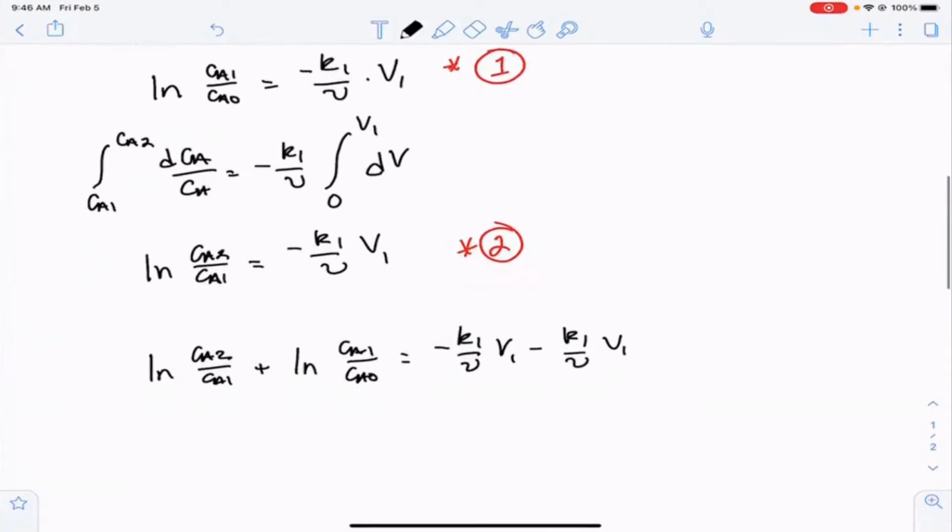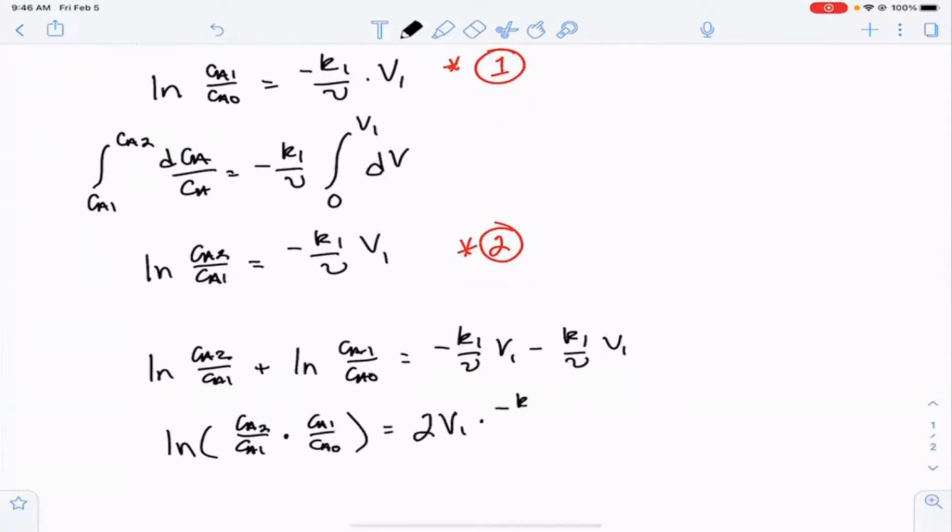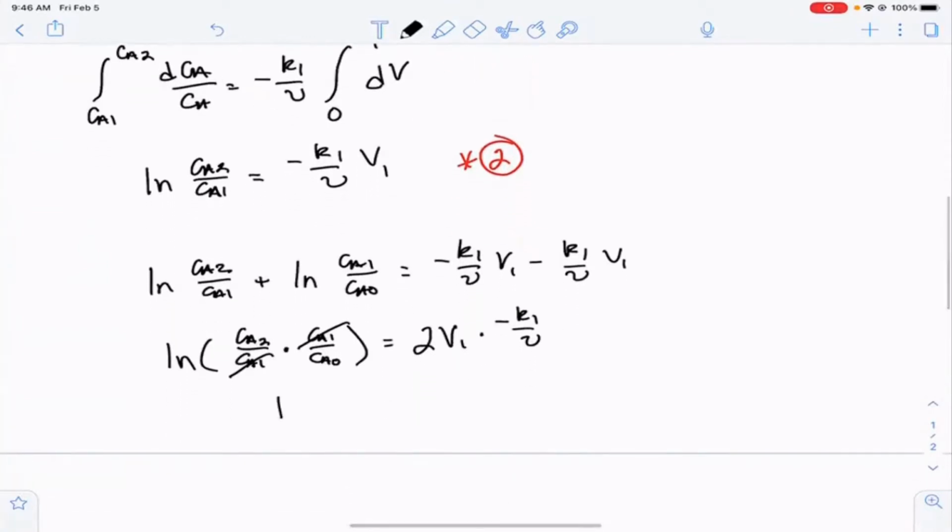And so this sum becomes the natural log of CA2 over CA1 times CA1 over CA0 equals 2 times V1 times minus K1 over the volumetric flow rate. And of course, those two cancel. And we end up with this expression: the natural log of CA2 over CA0 equals minus K1 over the volumetric flow rate times 2V1.